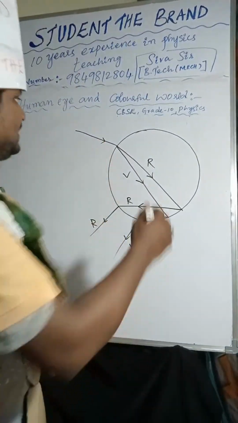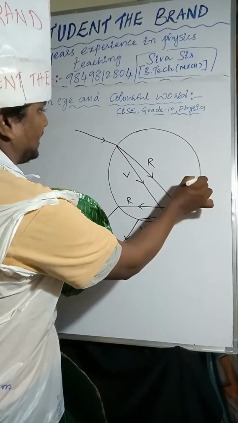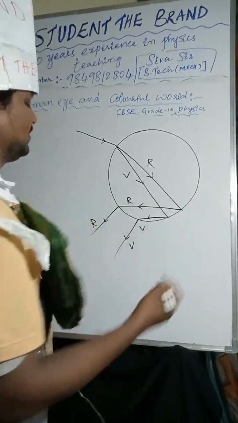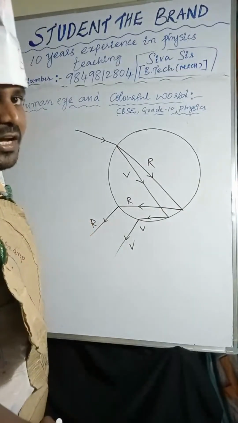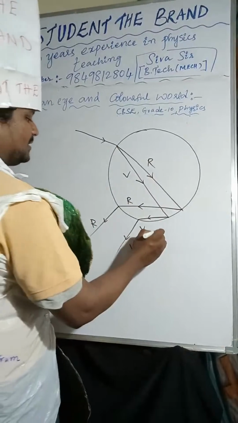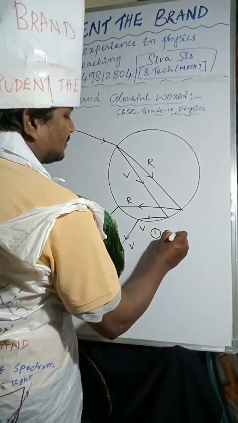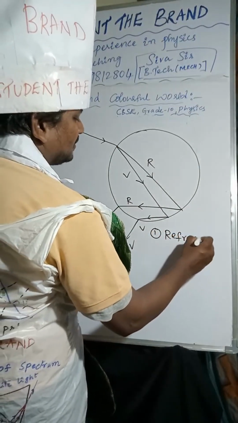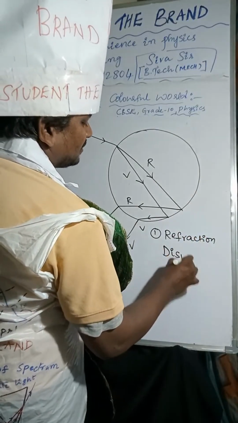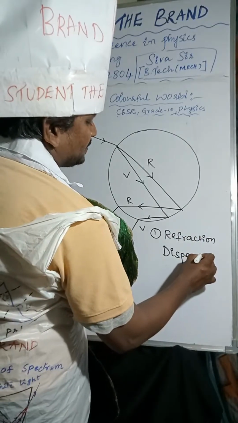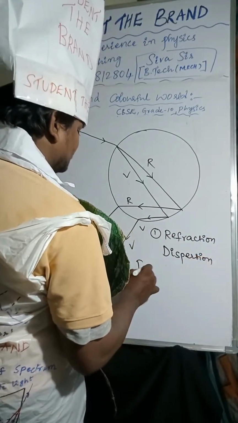You can take the light rays like this or like that, that is your wish. The phenomena involved in the formation of rainbow are refraction, second one is dispersion, and internal reflection.